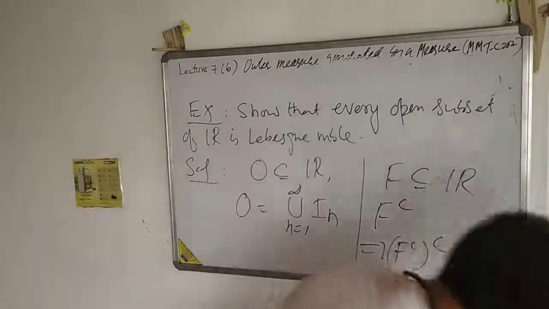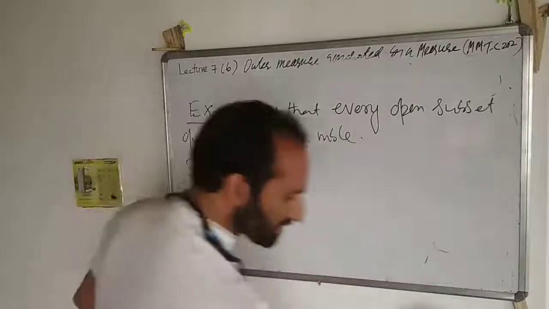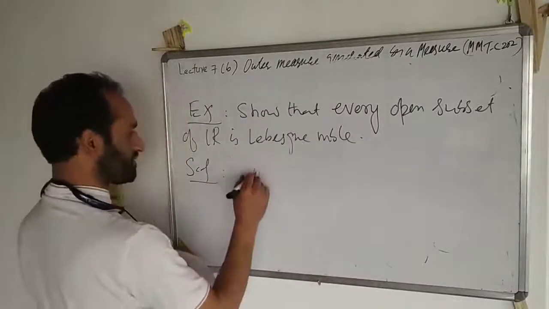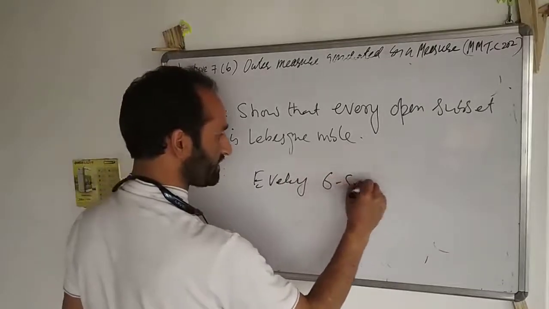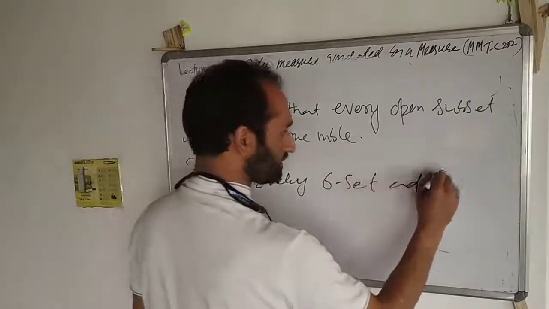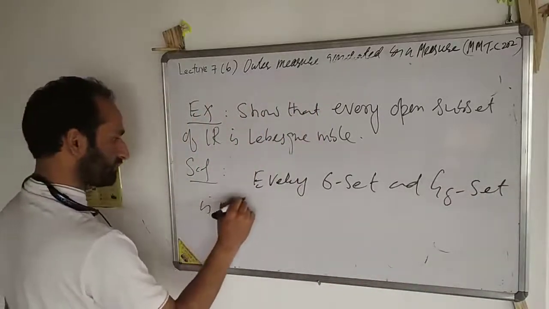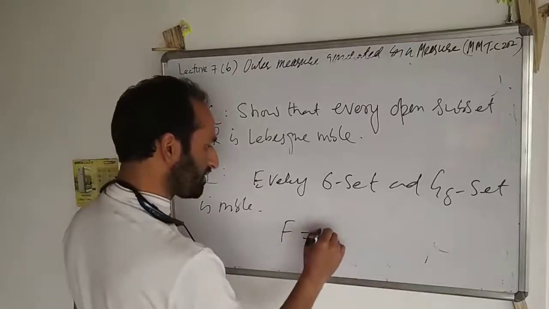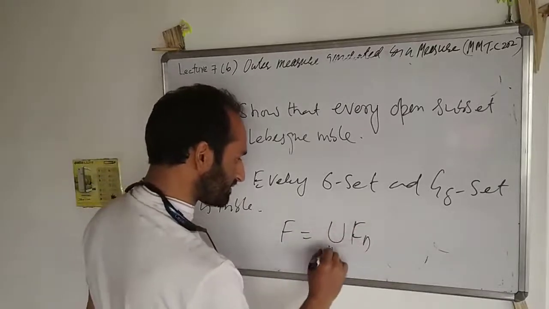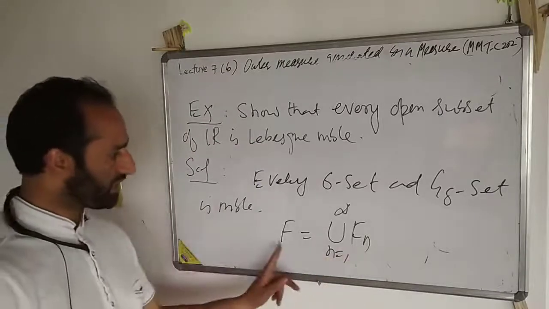So in fact, you can prove that every F sigma set and G delta set is measurable. What is an F sigma set? If F is an F sigma set, it means that it is a countable union of closed sets. And we know that every closed set is measurable, therefore F is also measurable.